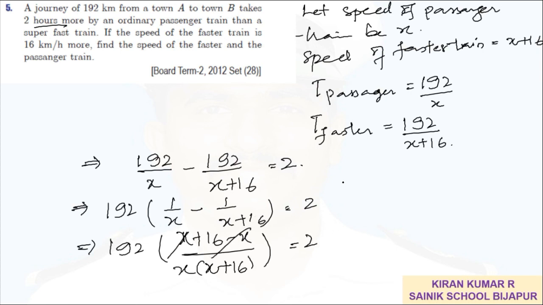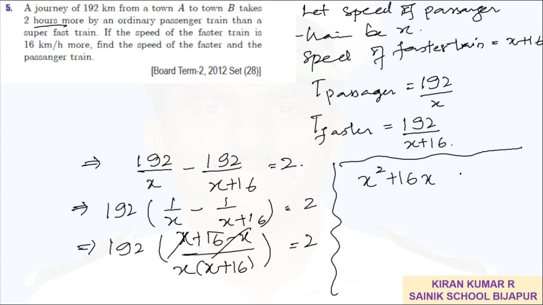x and x get cancelled. We'll be getting the equation as x square plus 16x equal to... sorry, I have to multiply this by 2.